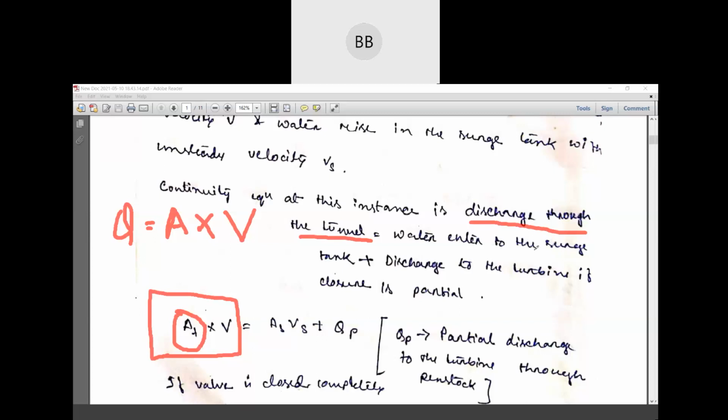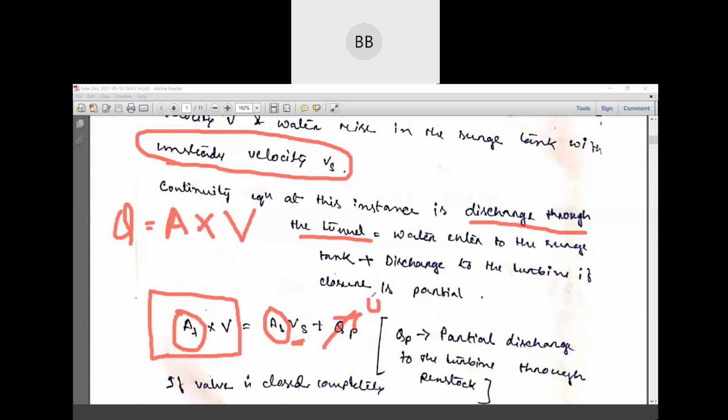So discharge entering the surge tank will again be area into velocity. The area of the surge tank is A suffix s, multiplied by the unsteady velocity due to the closure of the valve, that is Vs. Then again we have discharge to the turbine if closure is partial. If it is fully closed, then this QP will be 0.